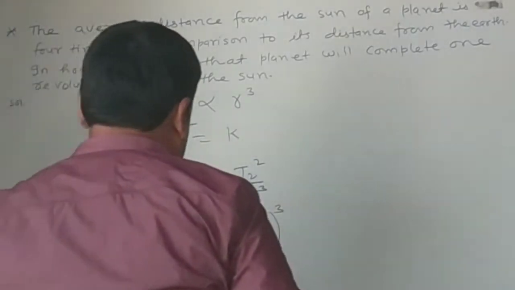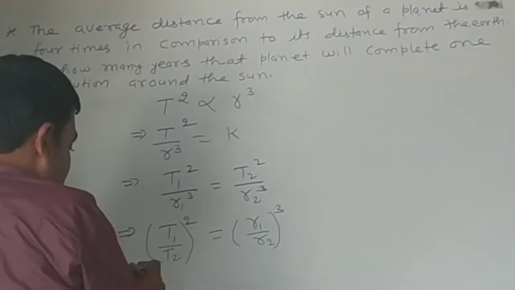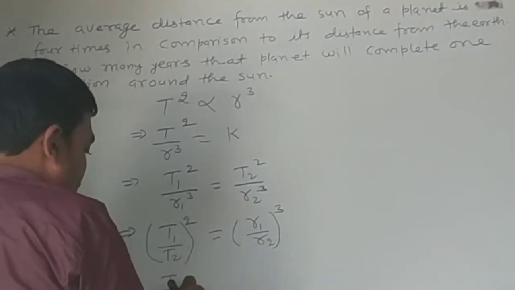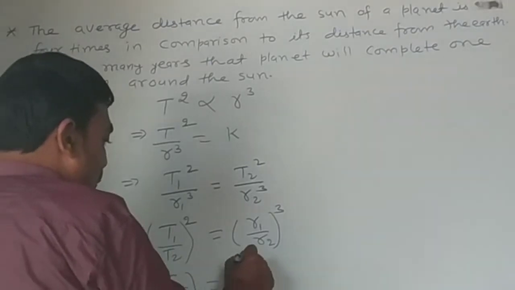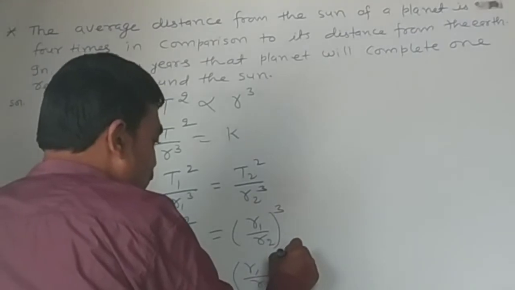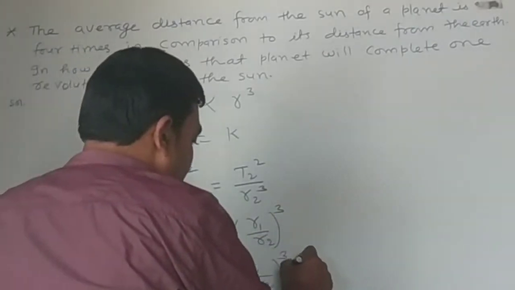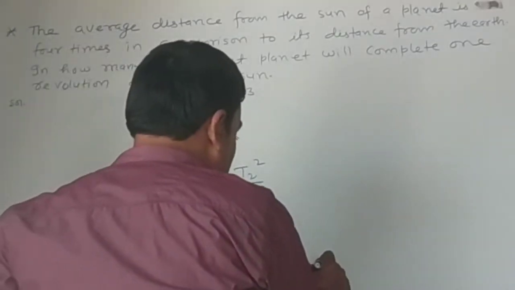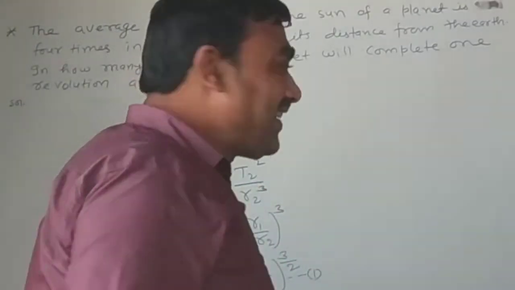It can also be written as T1 upon T2 is equal to (R1 upon R2) to the power 3 upon 2. This is equation 1.